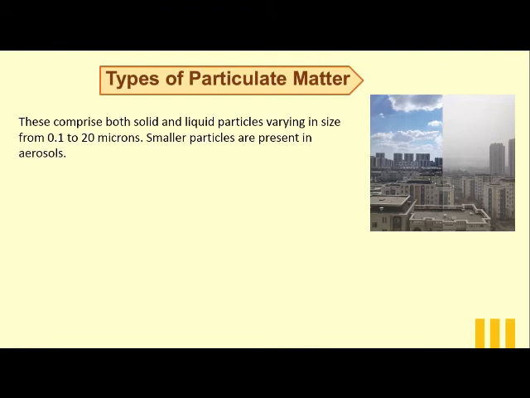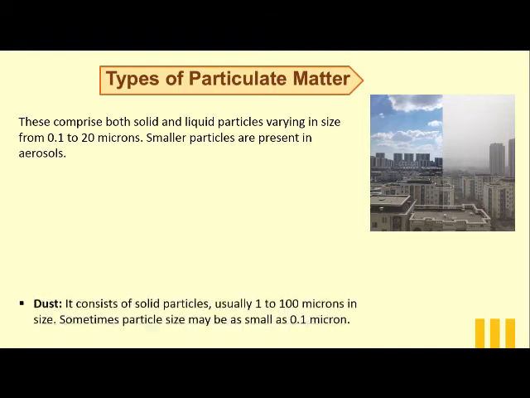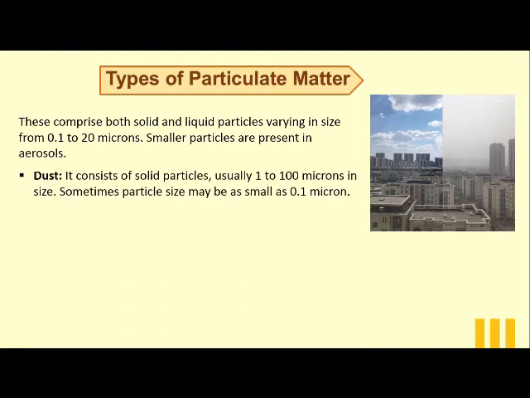Particulate matters comprise both solid and liquid particles varying in size from 0.1 to 20 microns. Smaller particles are present in aerosols. Dust is a type of particulate matter which consists of solid particles, usually 1 to 100 microns in size.